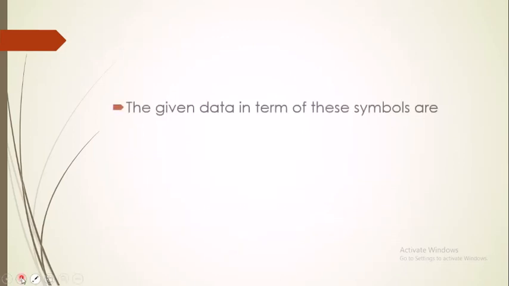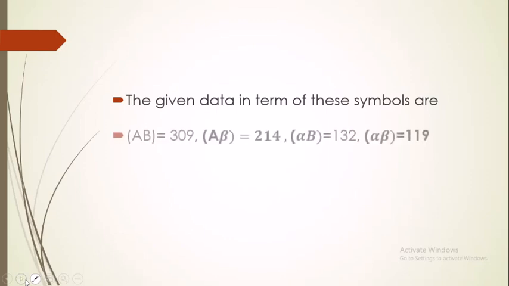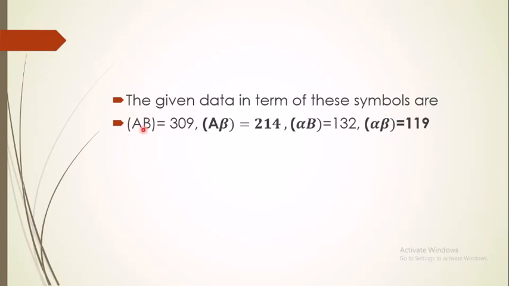So we can write the given data in terms of the notations that we have studied earlier, and we get AB is equal to 309. What is AB? A denotes the husbands that have light eyes, and B denotes the wives that have light eyes. So from the question, AB is equal to 309.